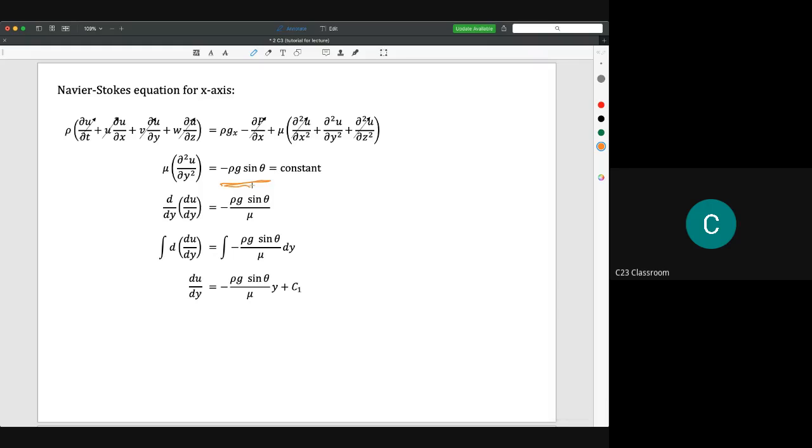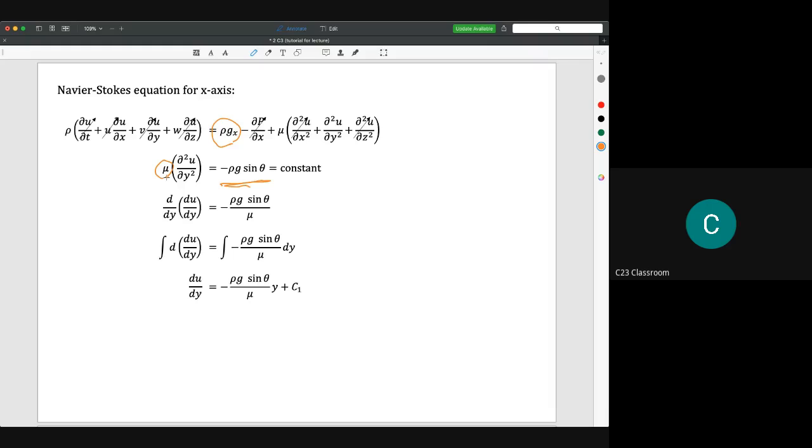We bring the terms of rho g to the left hand side, so we have a negative rho g sine theta. Then we bring the mu to the right hand side, and we need to integrate two times.